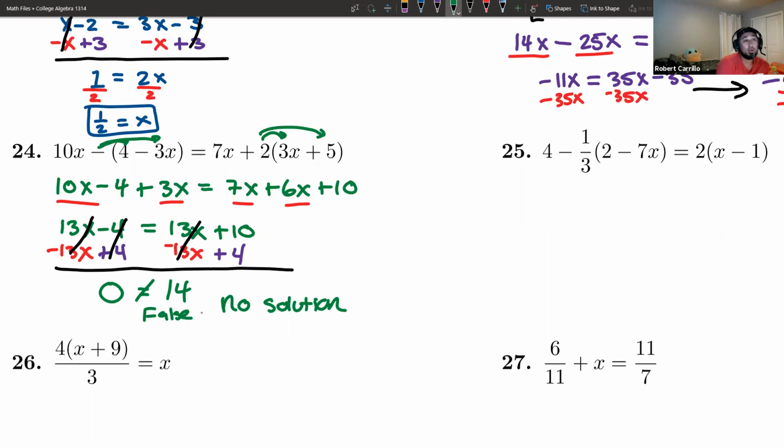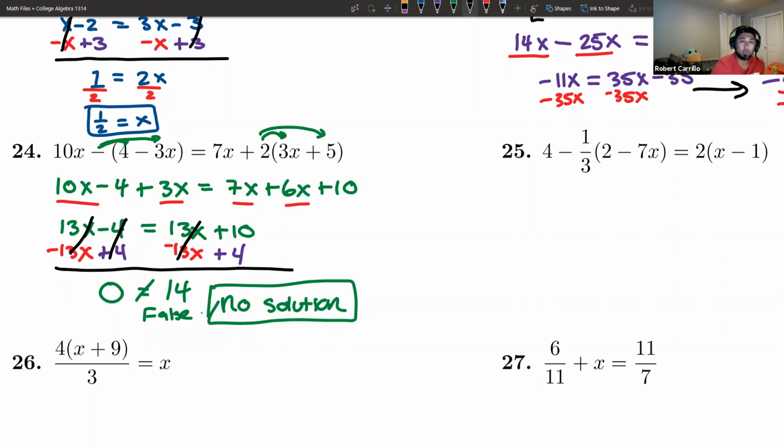So now, if you pick any x number, no matter what, the equation is always going to put out a false answer. Okay, no solution. Cool.